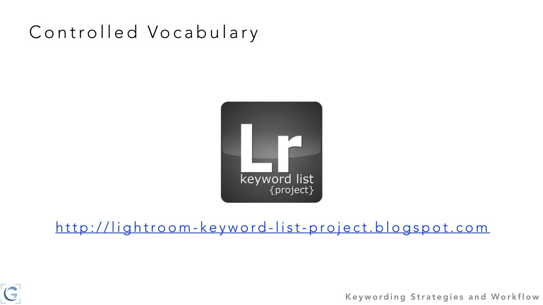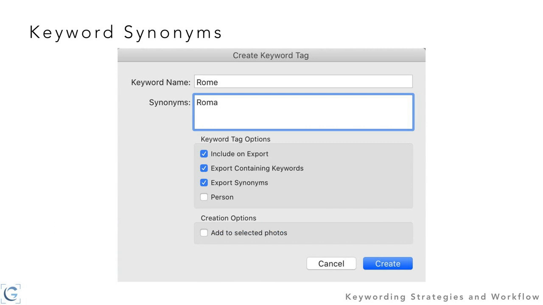It can also be incredibly helpful to take advantage of keyword synonyms. So if you're using a controlled vocabulary, you might find all sorts of related terms. And you could apply multiple terms to the same image, obviously, multiple keywords. But in software such as Lightroom Classic, you also have the ability to identify synonyms for keywords.